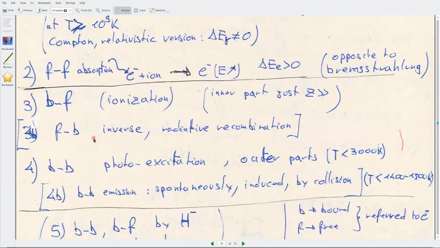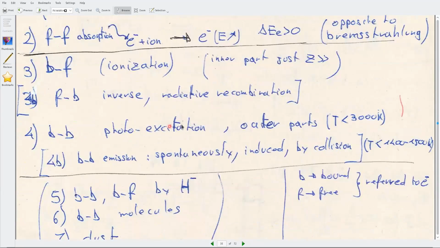Or also there is the inverse radiative combination. Free-bound: an electron here is bound, and this free one absorbs the photon, or the electron combines with an ion and is bound and emits a photon.